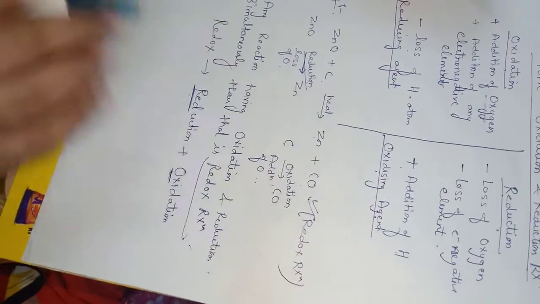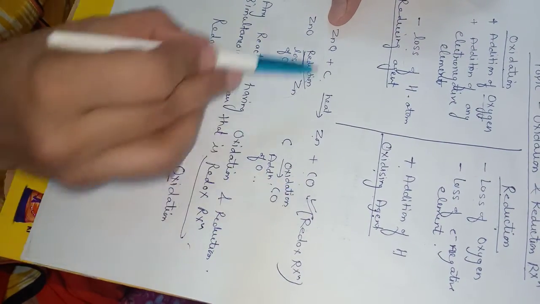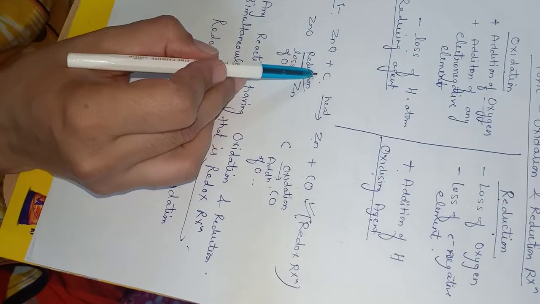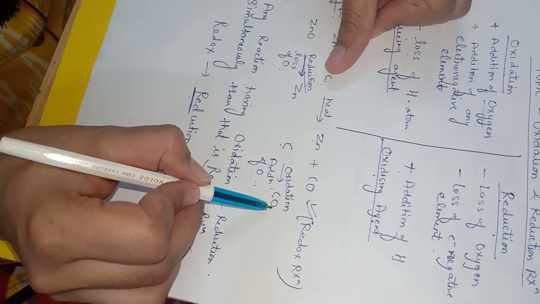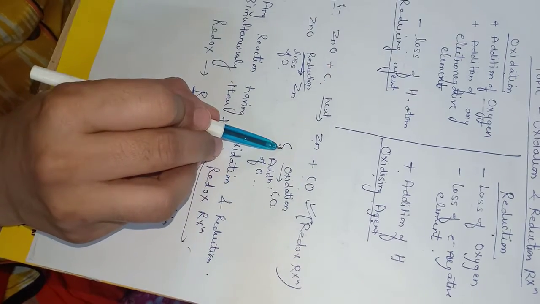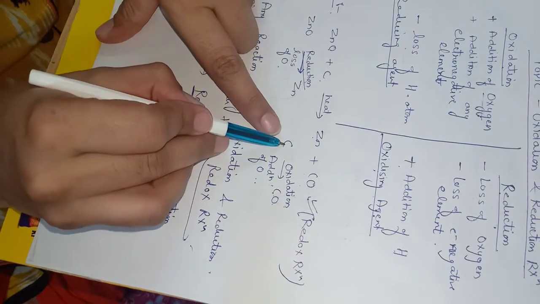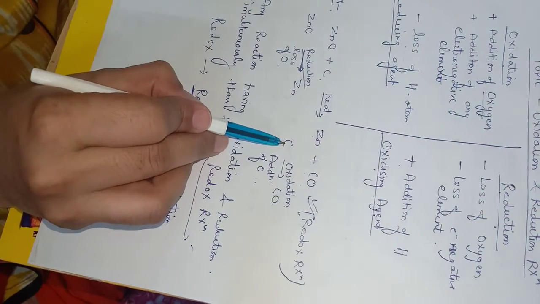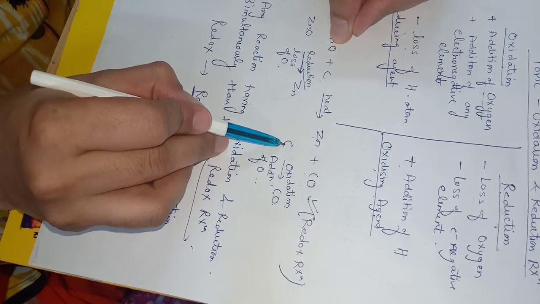Now see here, in this redox reaction, who is helping in oxidation? Oxidation of which one is happening? Carbon converts into CO, and carbon converts into CO only when it gets oxygen from some substance. And from where does it get oxygen? From ZnO.